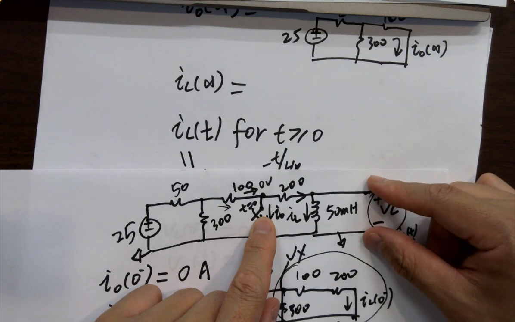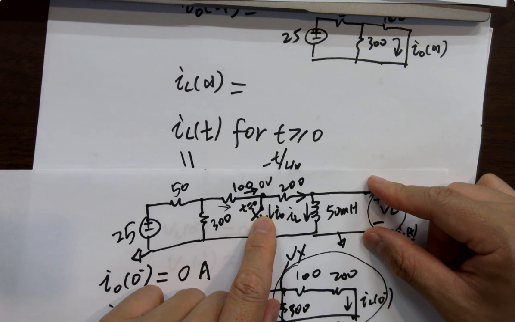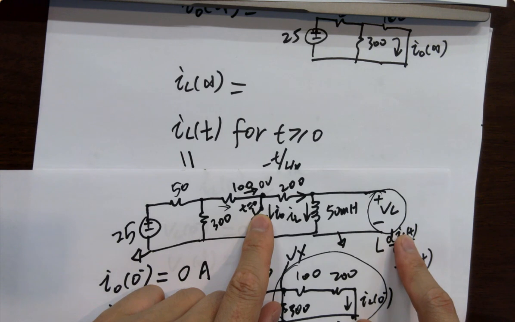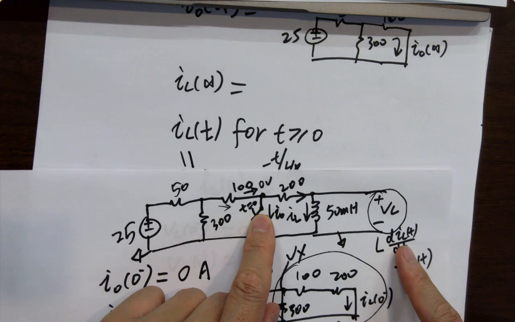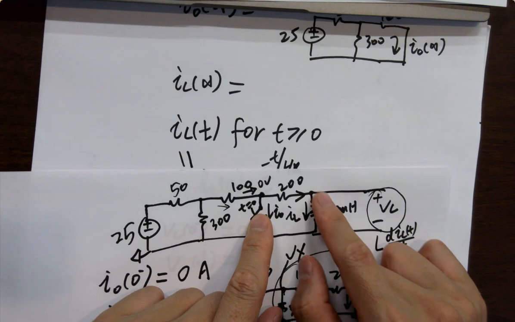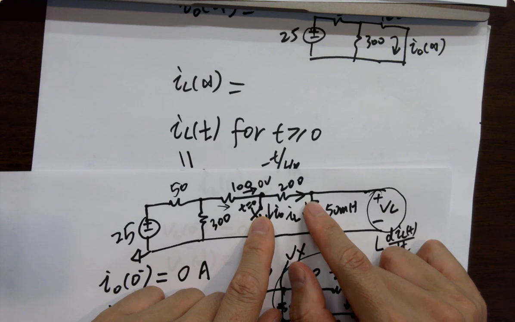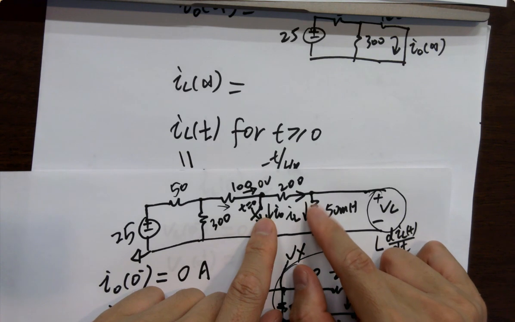What's the voltage here? How to calculate it? You're going to say, hey, it's this, and then you plug 0 in it, which is fine. But why not just directly use the initial current, since you know IL0, right?